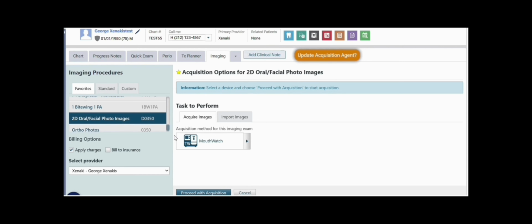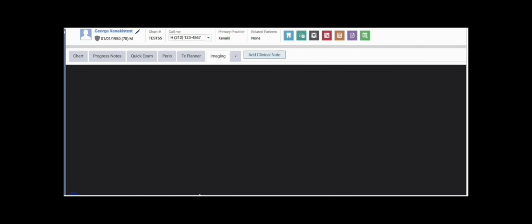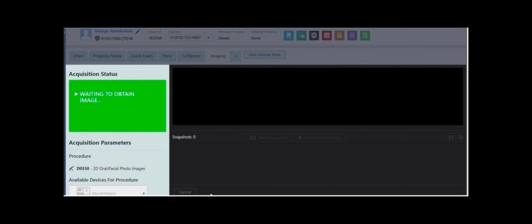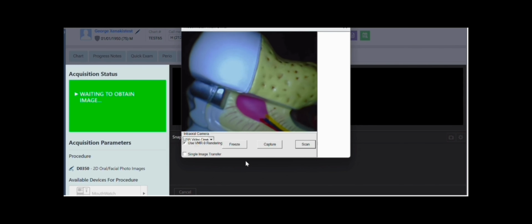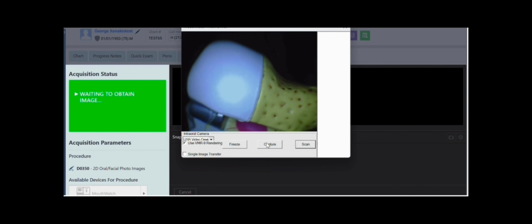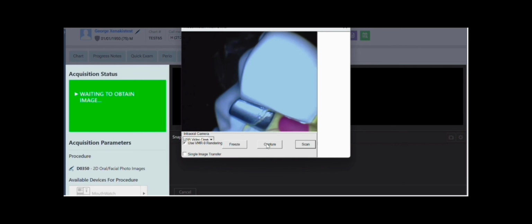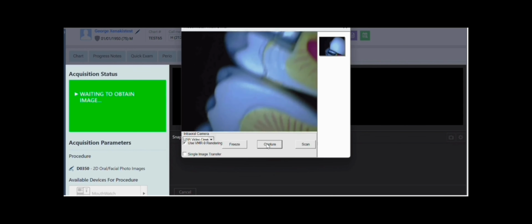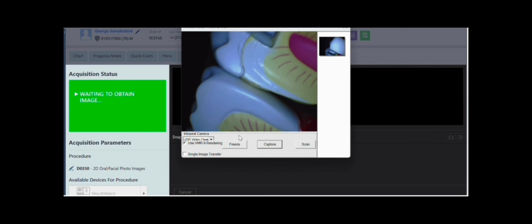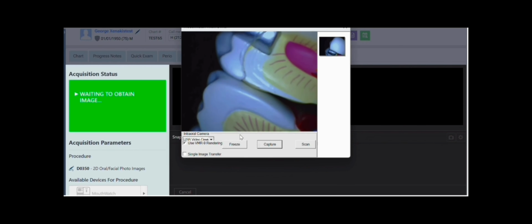You'll see the MouthWatch icon, and then you select Proceed with Acquisition. The camera will light up at that point. You're going to get the image that you want to capture. For the first image, you need to press the capture button on the computer. For subsequent images, you can press the white button on the camera itself.